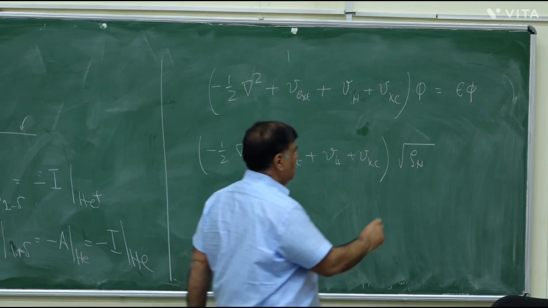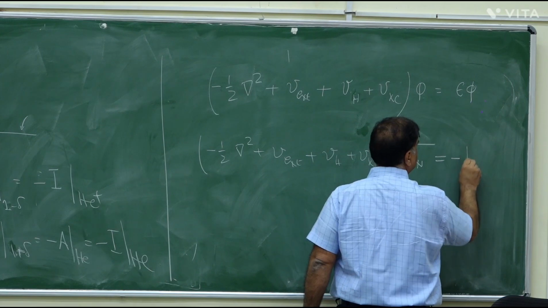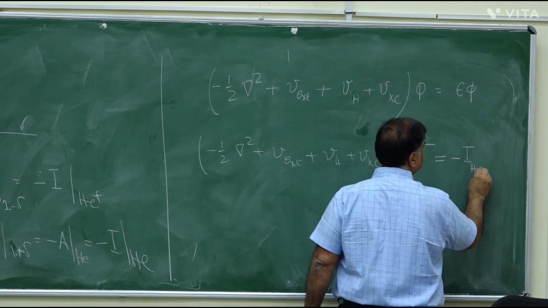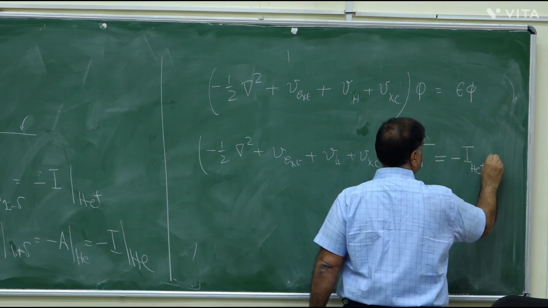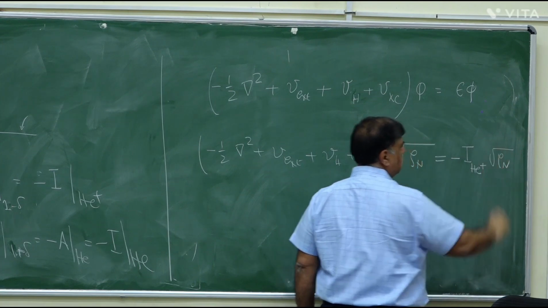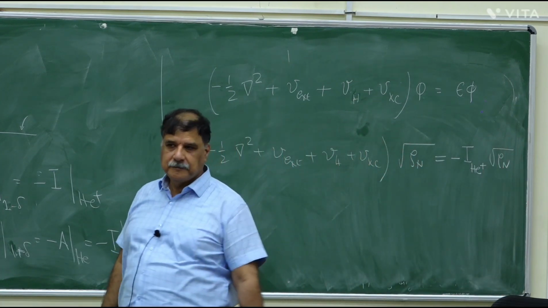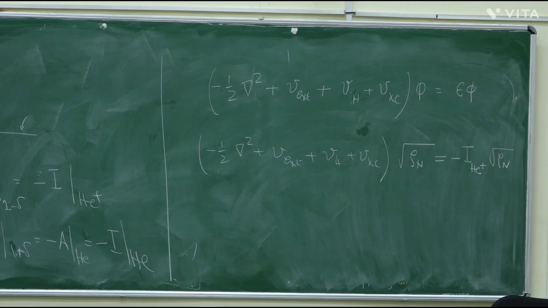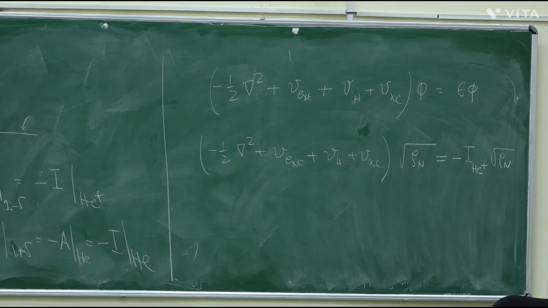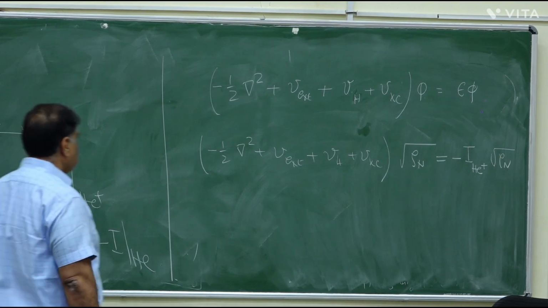This is going to be minus the ionization potential of helium plus, times the square root of rho n. Is that okay? Because for a single-particle system, phi is root rho n, rho 1. And this is one particle.